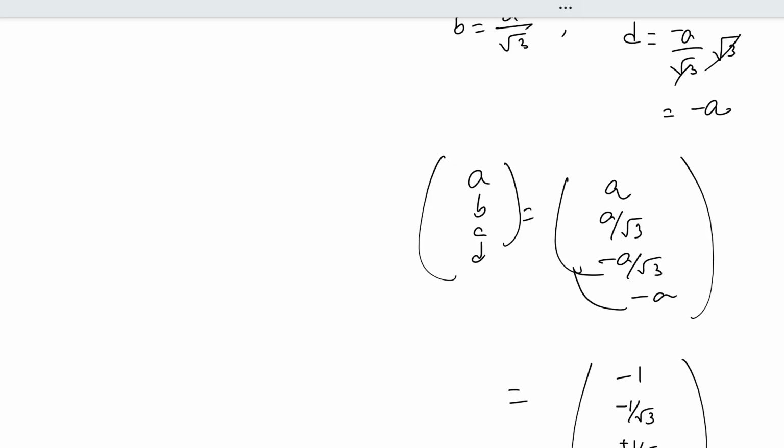So you have 1 plus 1/3 plus 1/3 plus 1, with an additional prefactor. Let's say your normalization factor is m naught. So m naught squared times this thing is equal to 1.